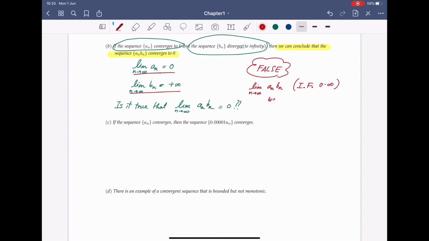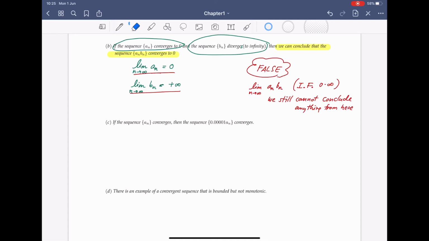So we still cannot conclude anything from here, because it is an indeterminate form. It could be 0, it could be 1, could be 2, could be anything. Well, we have to simplify and apply L'Hopital's rule. So for this question, the answer is false, and the reason is here. All right.